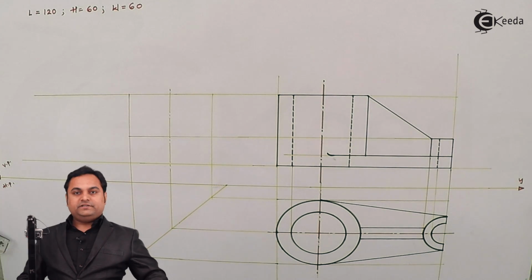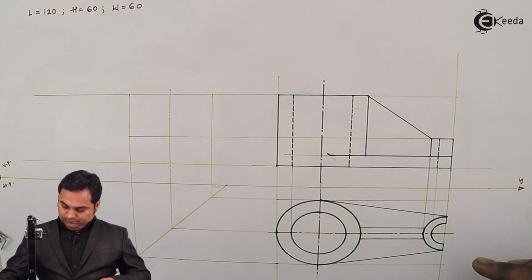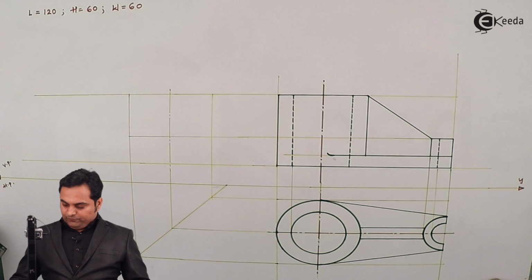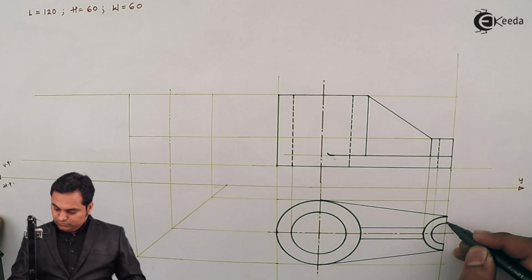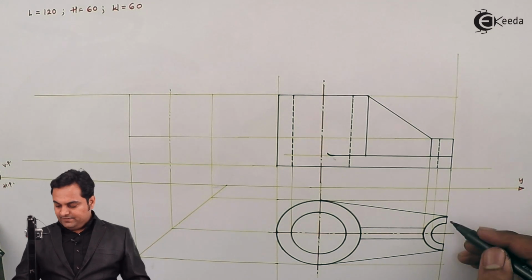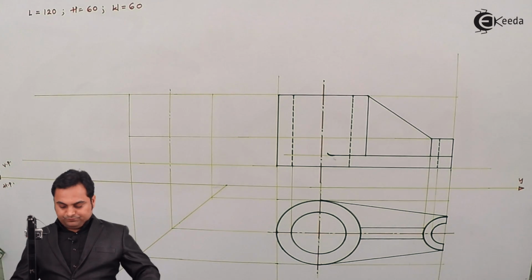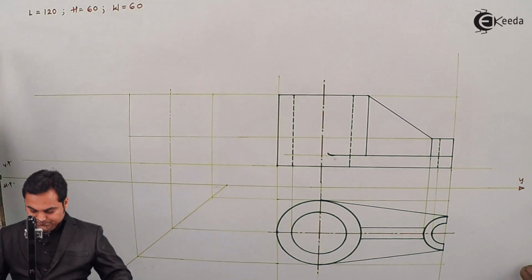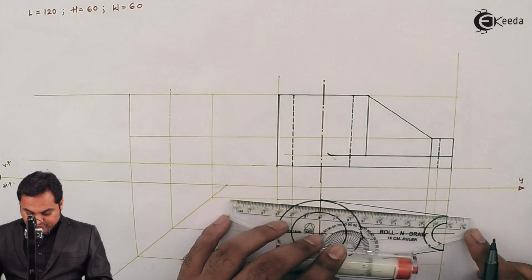Now the width of the rectangles, we can get it from the top view. These are the two rectangles which appear as a line in the top view. So projecting them into the side view.